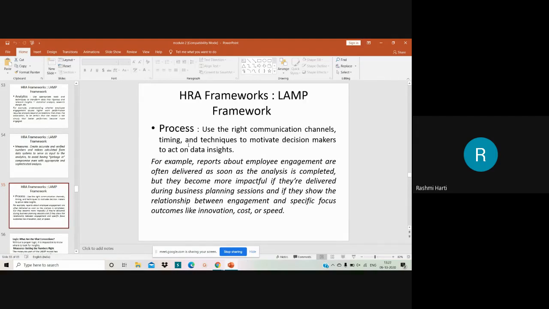So whenever required, you produce those reports. And if they show the relationship between engagement and specific focus outcomes like innovation, cost, or speed, whatever the strategy of the business is, you immediately implement the right measures you have identified. Process basically signifies making insights motivating and actionable.